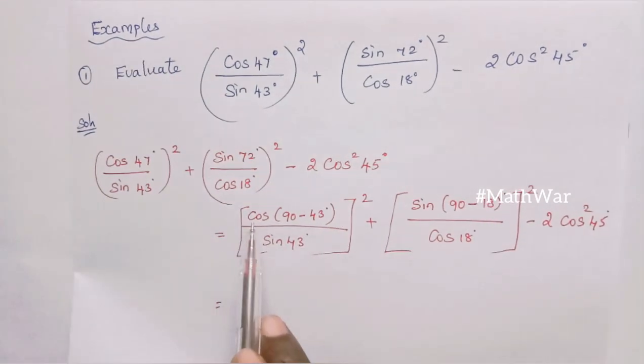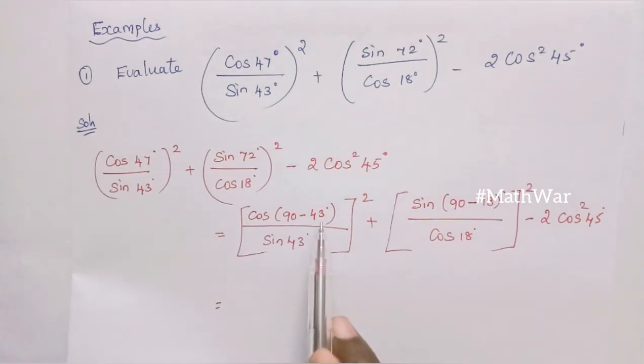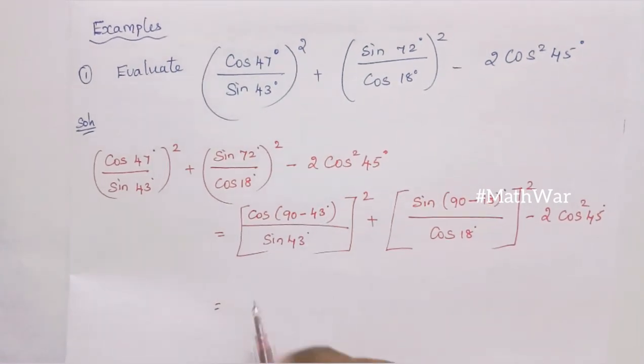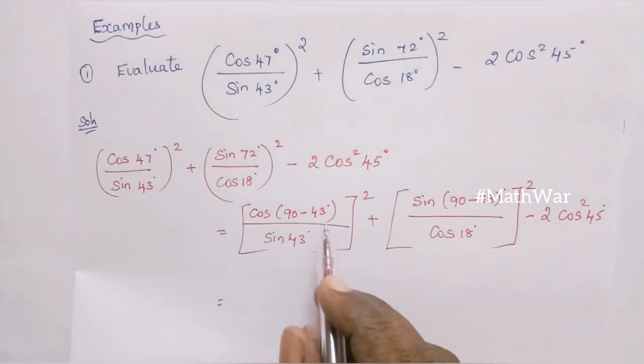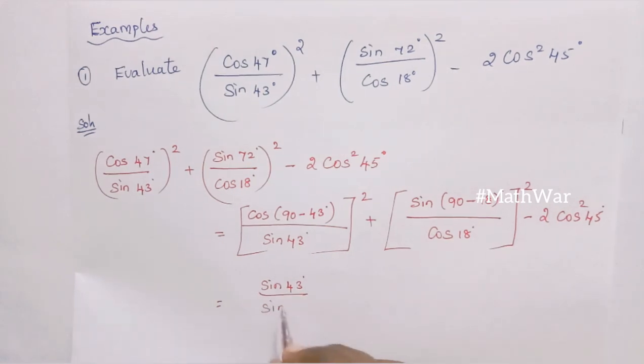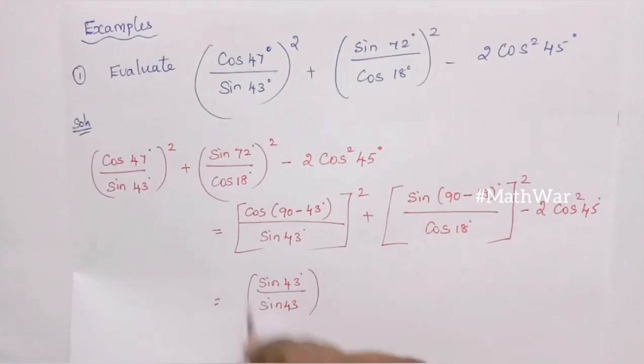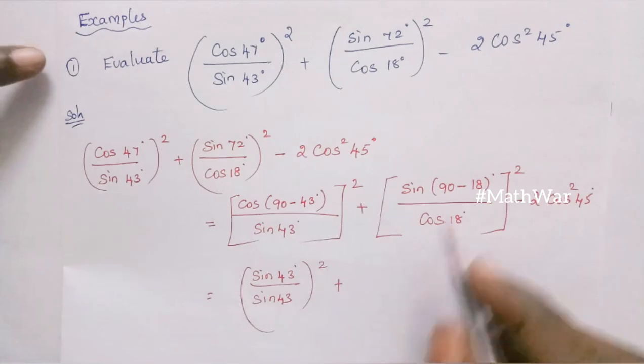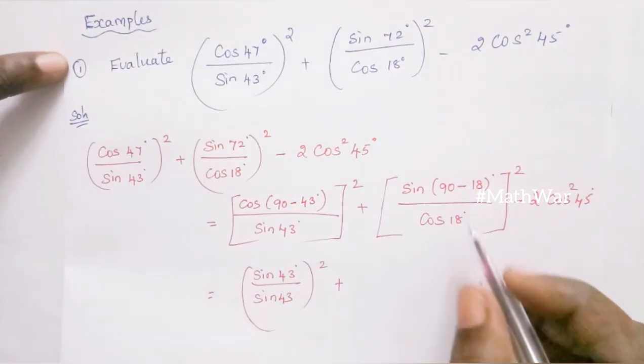And just now we learned cos of 90 minus theta is nothing but sin theta. So here cos of 90 minus 43 is nothing but sin 43 degree, by sin 43 degree whole square, plus sin of 90 minus theta is cos theta, right?